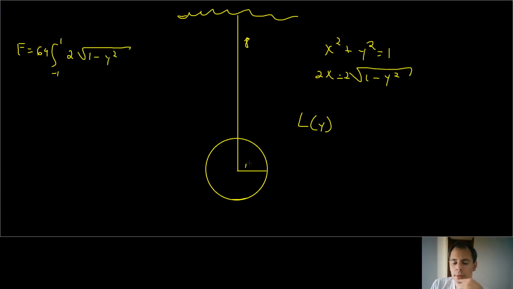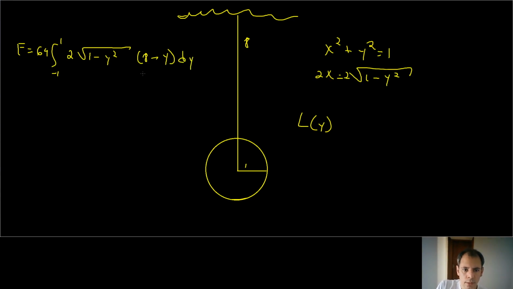And then you have the depth. When Y is 0, what's going to be the depth? 8. When Y is 1, the depth is going to be 8 minus 1. So you can see by inspection that the depth, which is the h of y function, is going to be 8 minus y, and then I have a dy.